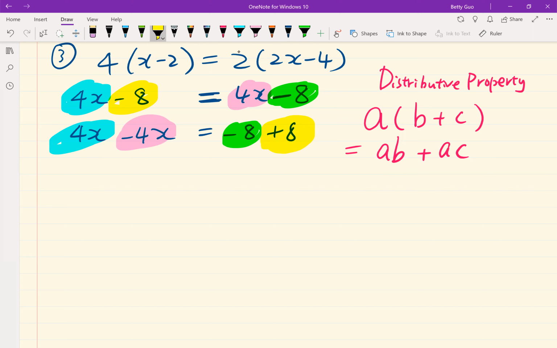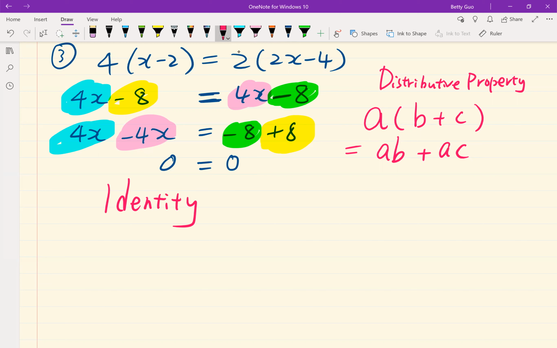It's very useful. On the left, we have 4x minus 4x, and we end up with 0. On the right, we have -8 plus 8, which is also 0. Wow, this is strange, right? It turns out we end up with a true statement.